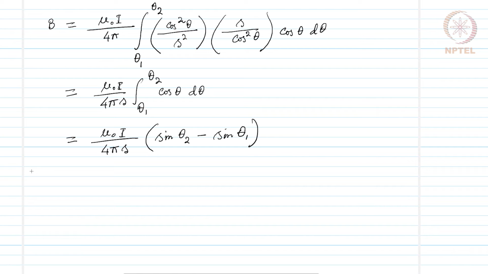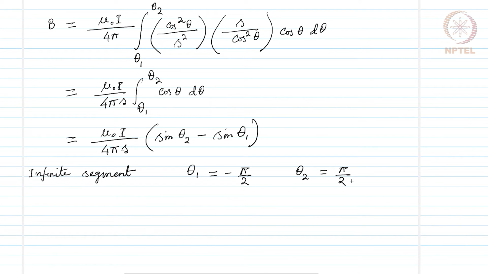Now, if we consider an infinite segment of a wire, we will have theta 1 equals minus pi over 2 and theta 2 equals pi over 2.